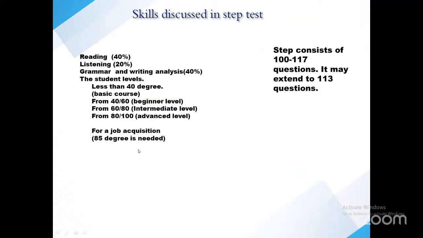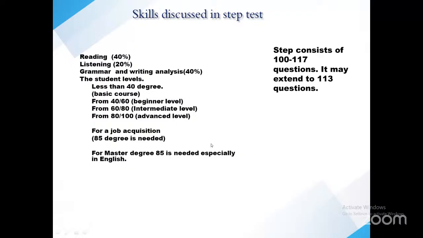Okay, what about graduates that have to do a master's degree, such as Mr. Abdulaziz? Here, he must get 85, especially in English. If you do a master's in English, you must reach 85.